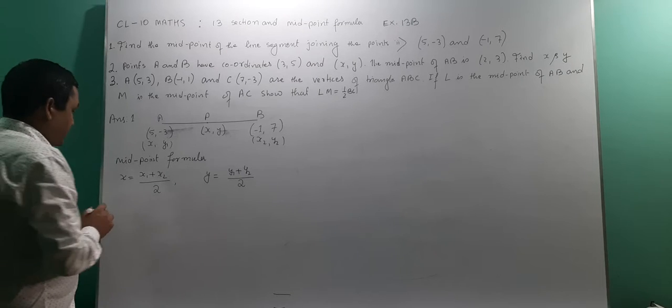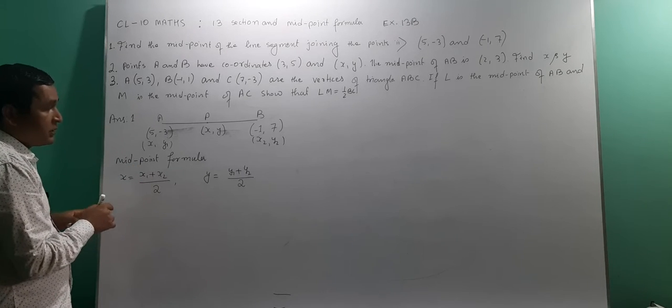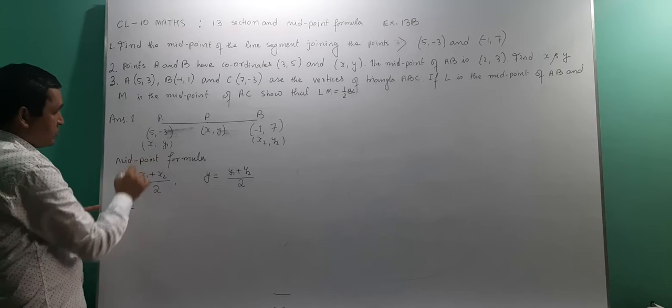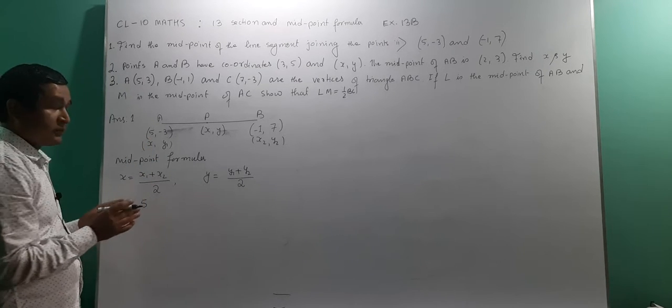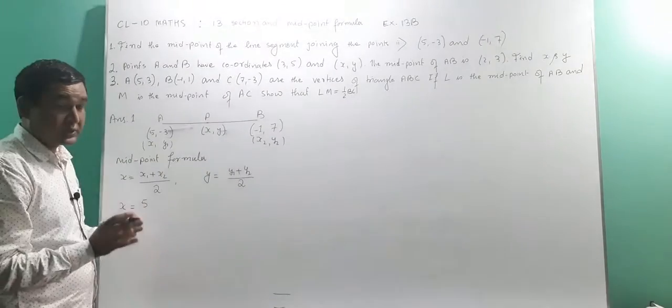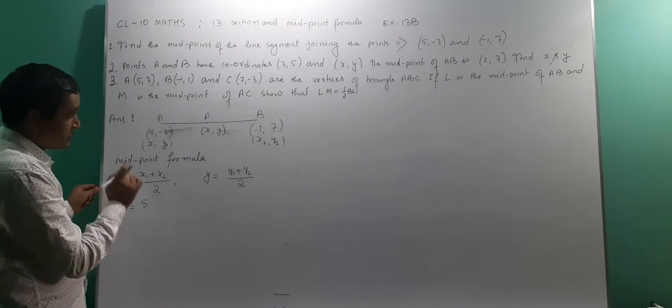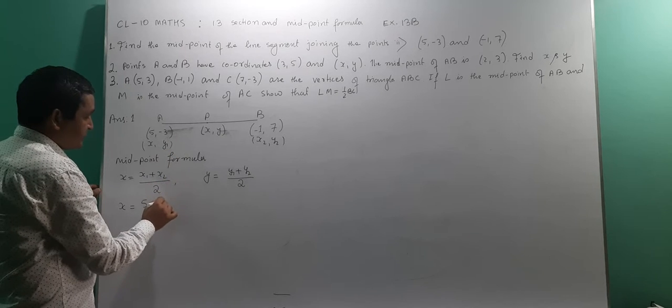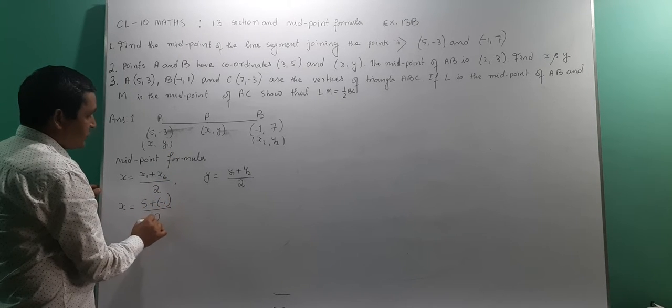Then let's substitute the values in this formula. x equals the value of x1, which is 5. While you substitute the value, please substitute with the proper sign. Sign is very important in mathematics. Then in the formula the plus sign is there, then minus 1, then divided by 2.